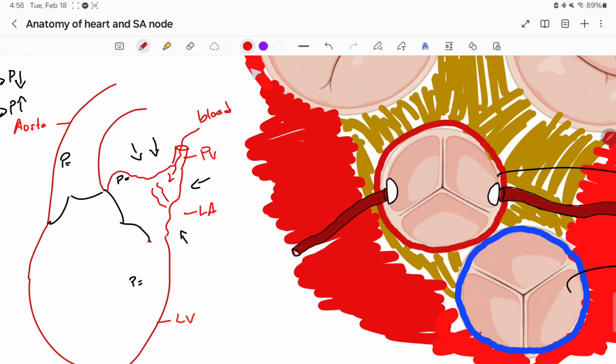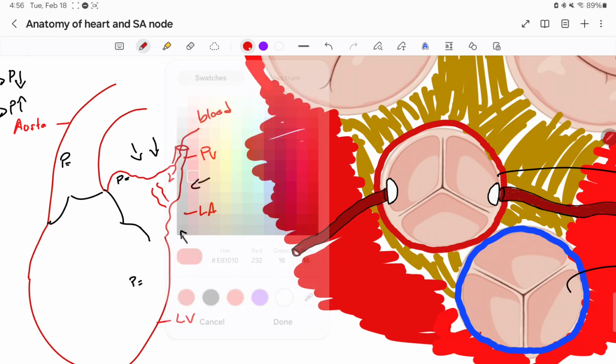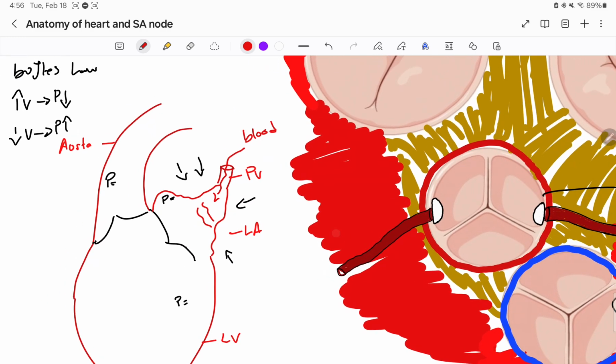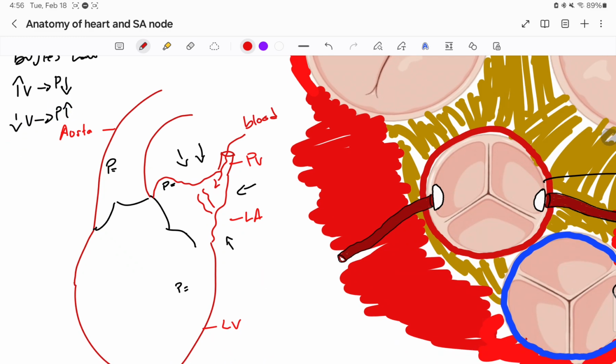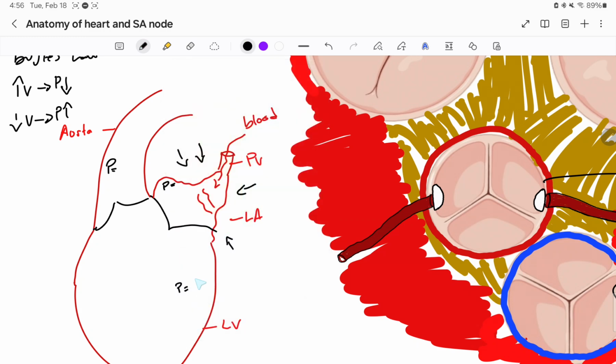So once it gets smaller in size, you know what happens to the pressure inside? Well, we said as the volume in a given space decreases, the pressure in there increases. Now, for this, we need some hypothetical numbers. Let's say that the pressure inside of the ventricle at this current moment is 0.